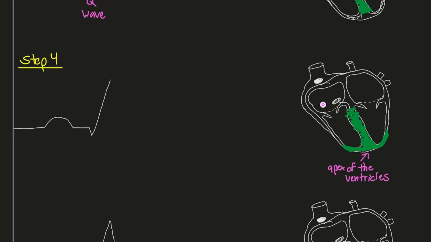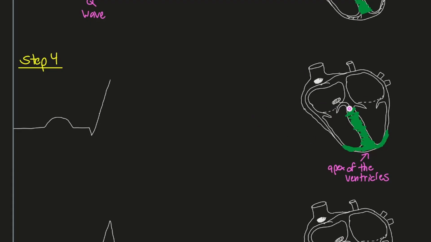Now, this isn't all that's happening here. One thing to remember is that now we have our atria relaxing. So one thing about the QRS complex, during this QRS complex, atria relaxation occurs. We didn't see it in step 3 with our Q wave, but during the entire QRS complex, it's starting to relax the atria.